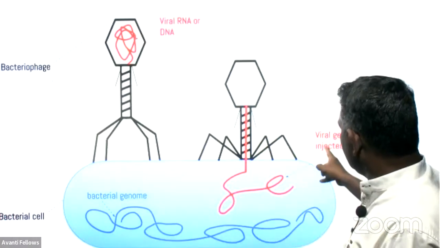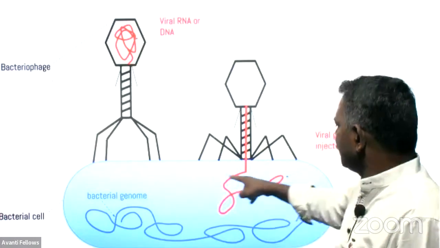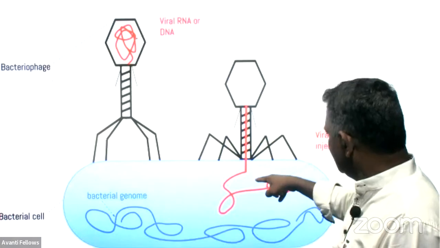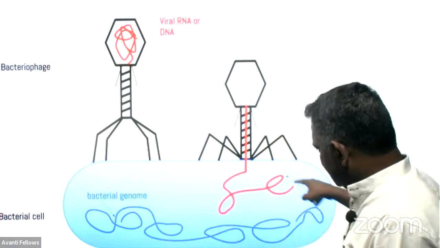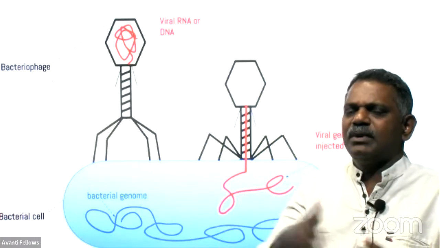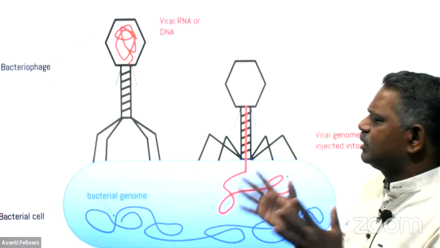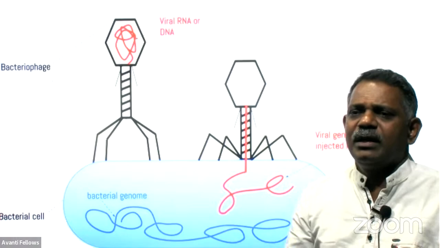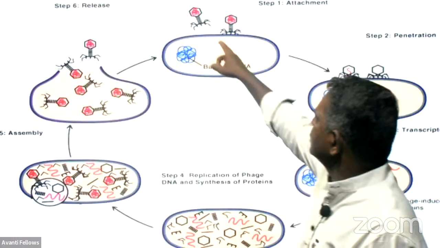After reaching inside the cell, the viral genome utilizes the entire machinery present in the bacteria to multiply its number. It keeps on multiplying many times through the process of DNA replication.